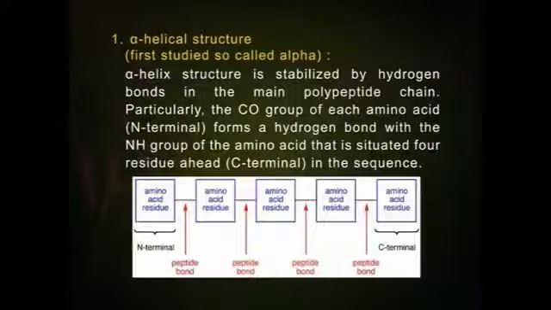Alpha helix structure is stabilized by hydrogen bonds in the main polypeptide chain. Particularly, the CO group of each amino acid at the N-terminal side forms a hydrogen bond with the NH group of the amino acid that is situated 4 residues ahead, meaning towards the C-terminal in the sequence.